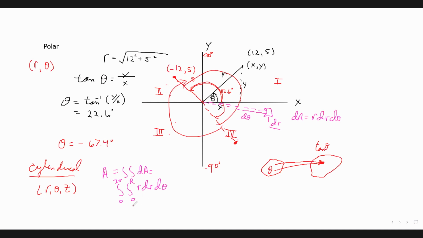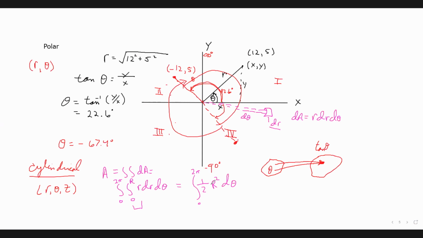So let's do this inner integral first. I get 1/2 r squared. Evaluate that between 0 and R, and that becomes 1/2 big R squared. Now I have the integral from 0 to 2 pi d theta. Notice in the integral with respect to theta, r is held constant.